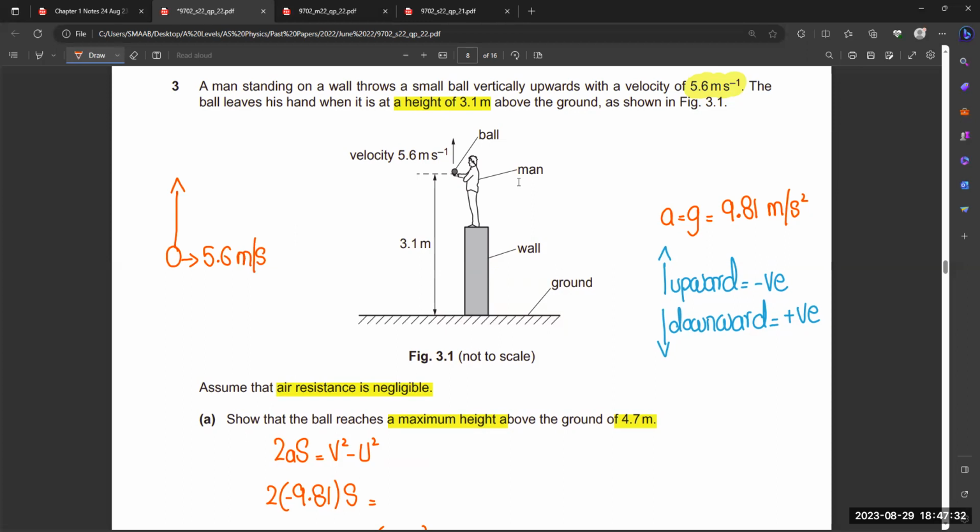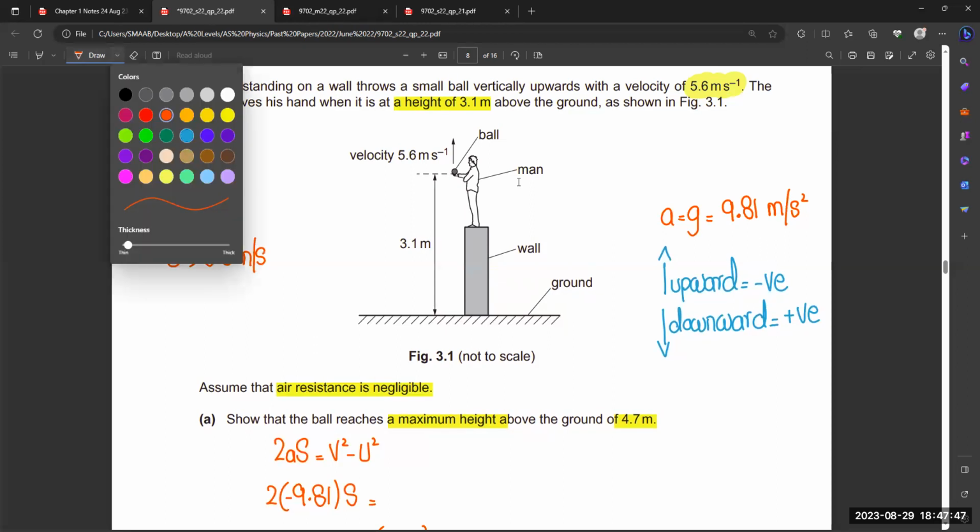And they are talking about the maximum height. Maximum height means after reaching it, the ball will change its direction, right? So for a very short time interval, the ball will be at rest at the maximum height, right?